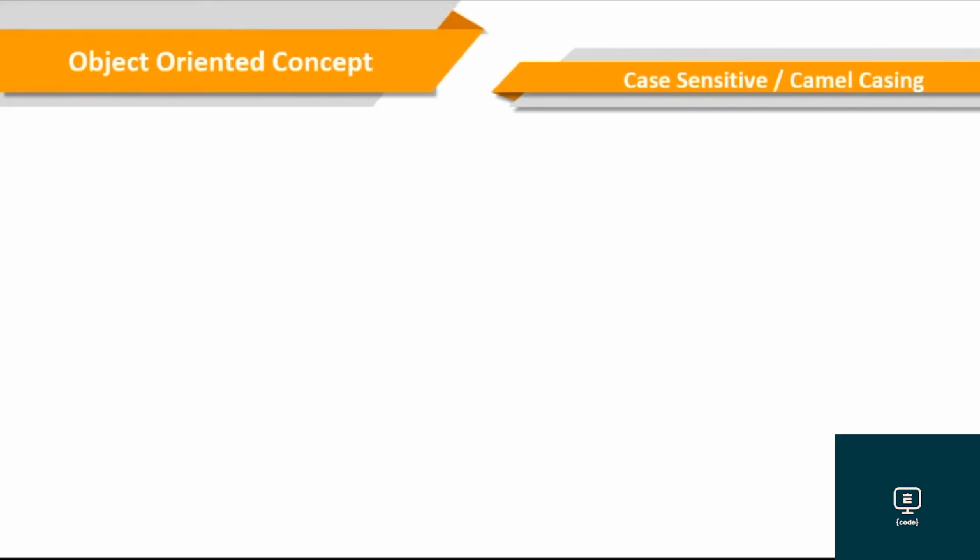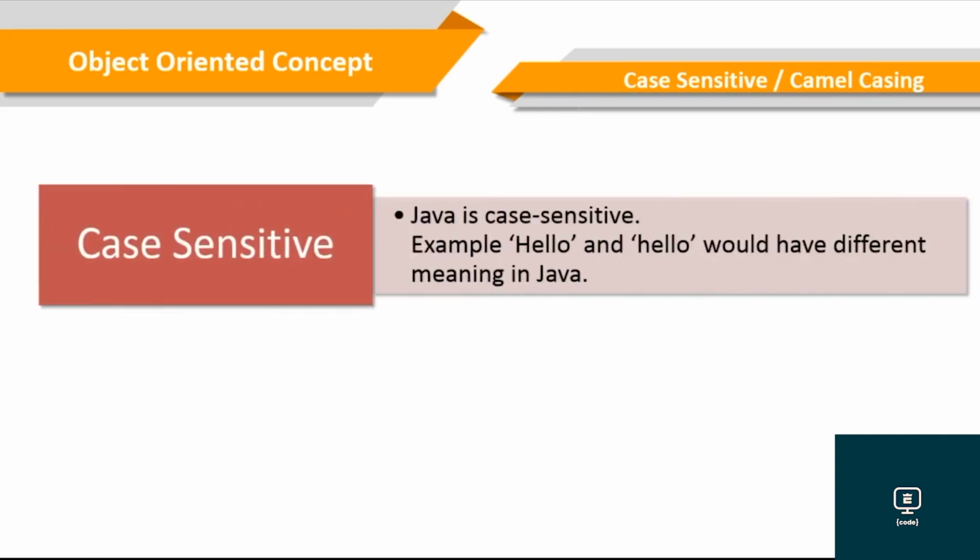The most important concepts of naming conventions are case sensitivity and camel casing. Java is a case-sensitive language. For example, Hello with the first letter uppercase and hello with the first letter lowercase mean completely different things in Java.